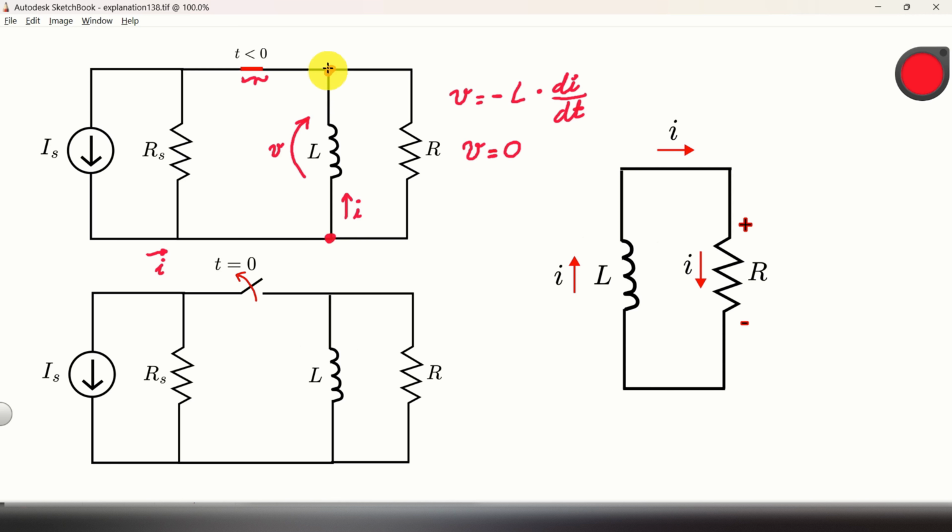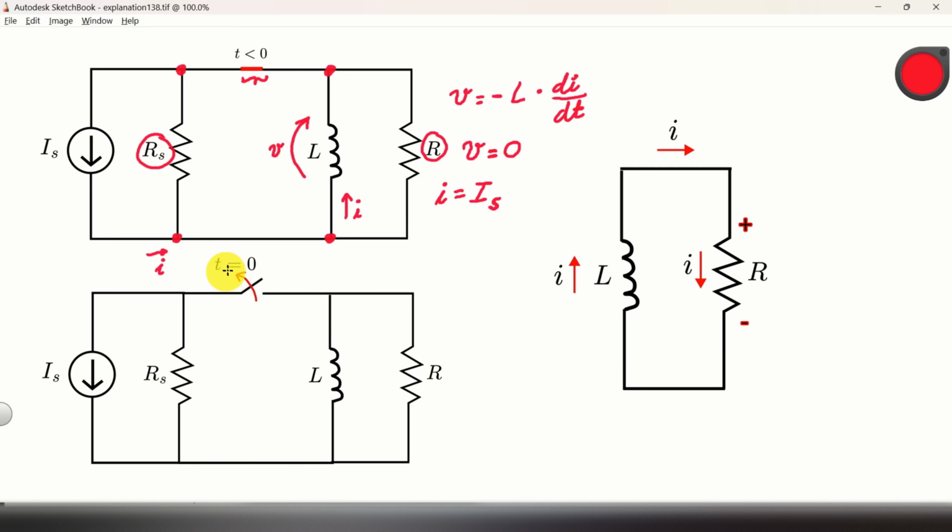This further implies that there is no current through this resistor, as well as no current through this resistor, since the potential of this point is equal to the potential of this point, and the potential of this point is equal to the potential of this point. And consequently, this current over here through L is equal to IS. This is a very important observation which sets the initial condition for further analysis.